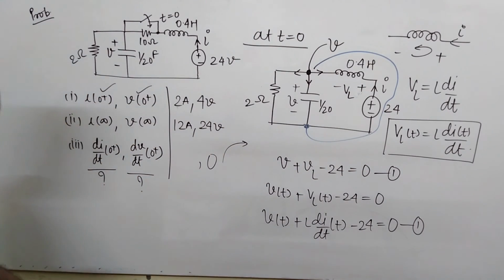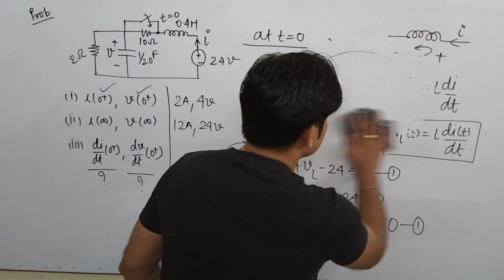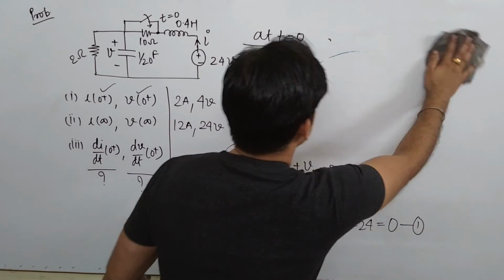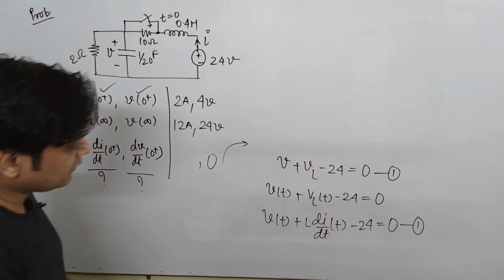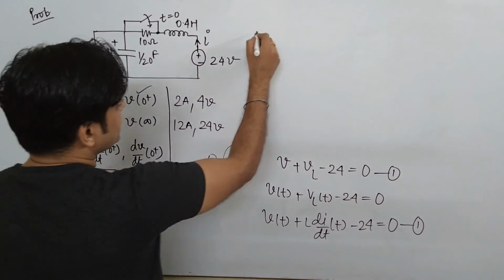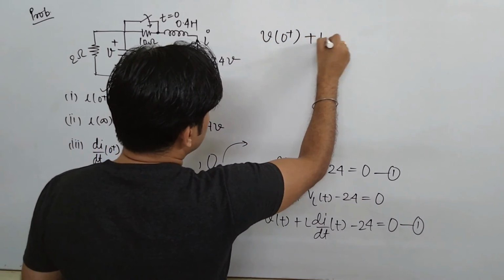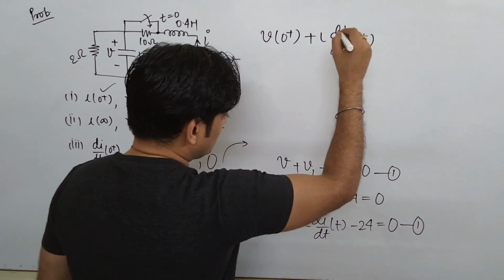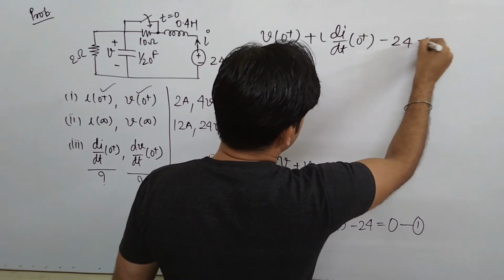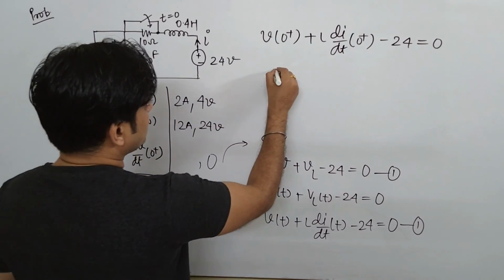Now if I put this value at t equal to 0 plus, now what is the condition? It is V(0+) plus L di/dt at 0 positive minus 24 is equal to 0. What is V(0+)? We have already found it as 4 volt.